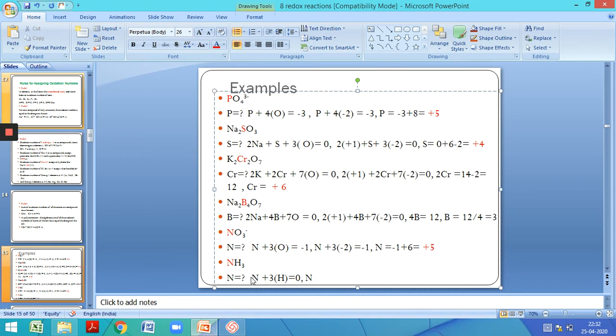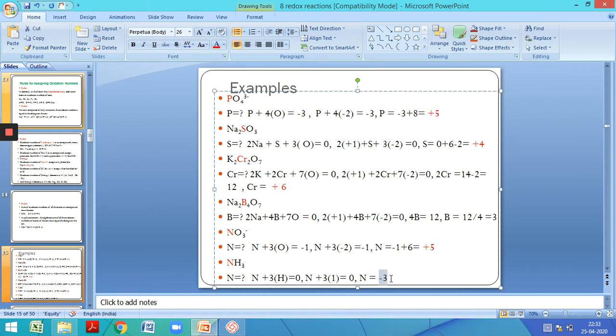Nitrogen plus 3 into 1 is equal to 0, since the oxidation number of hydrogen is plus 1. This is equal to -3, which is the oxidation number of nitrogen in this case. The oxidation number of nitrogen in ammonia is equal to -3.